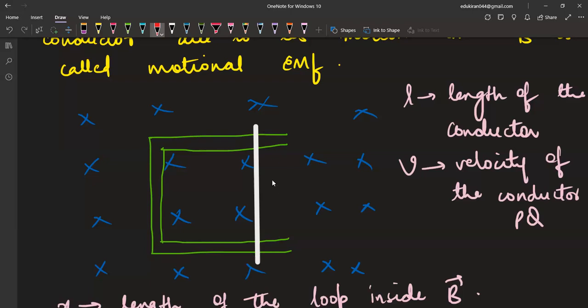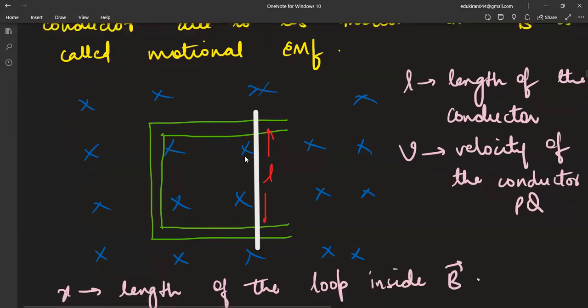The length of the conductor is L. This is a movable conductor that I can move. Let's say this point is P and this point is Q, so I can slide it over these tracks. These are just conducting tracks that have been laid up.